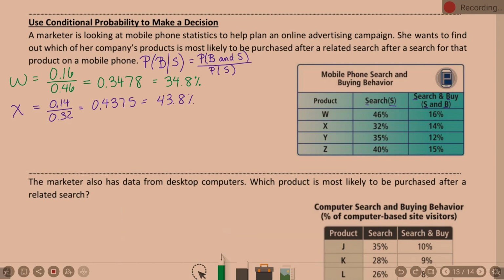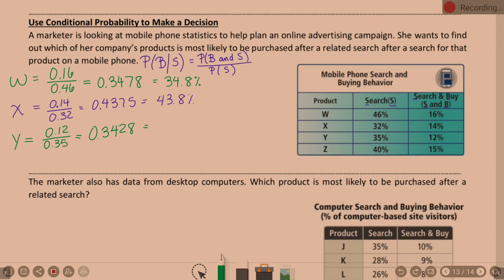What about Y? Probability it was bought and searched? 12%, so 0.12, divided by probability it was searched. There's the 0.35. 0.12 divided by 0.35. That's probably a rounded thing, isn't it? Okay. And I wrote on my paper 0.342829, whatever.